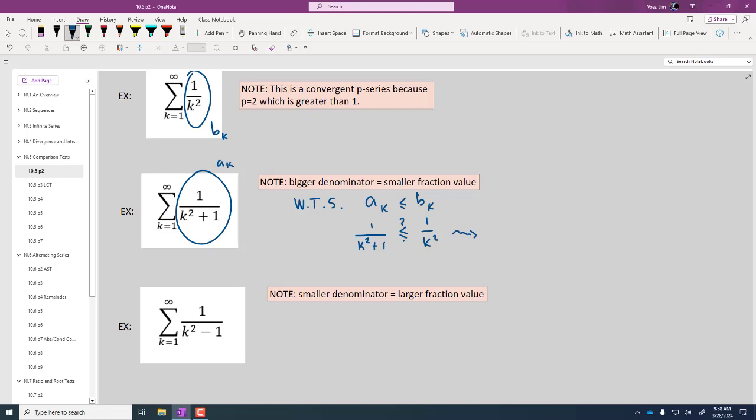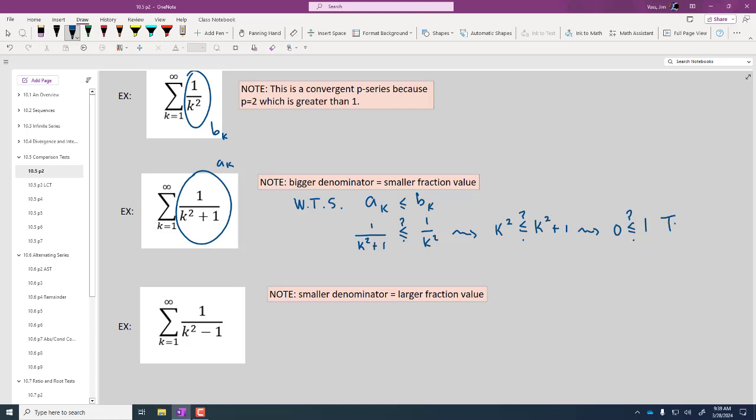I'm going to cross multiply. So multiply both sides by k squared, and multiply both sides by k squared plus 1, also known as cross multiplication. And you can then subtract off the k squared. We can always get down to an inequality that we can solve by inspection, or at least most of the time. So we get down to that inequality, which is true by inspection.